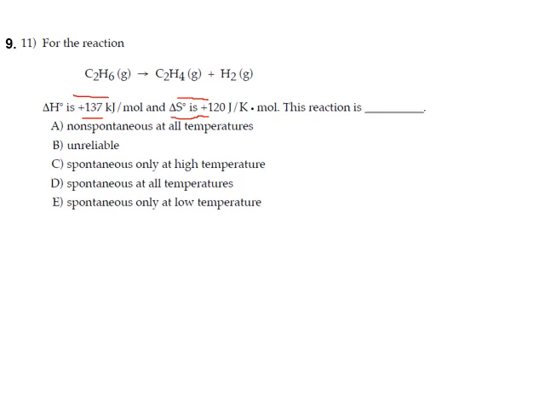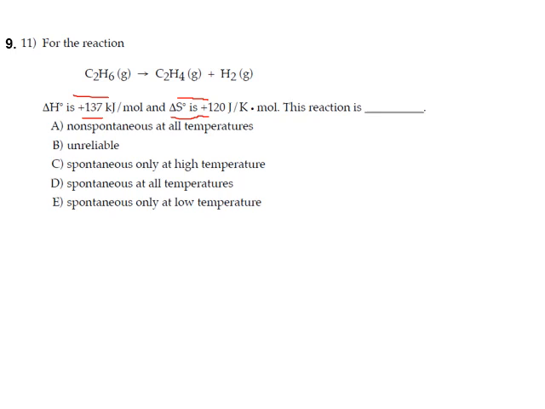So remember the formula is delta G equals delta H minus T delta S, where delta G is the thing that will actually predict spontaneity. So if delta G is negative, then it will be spontaneous. So we have two terms: delta H and T delta S. The only one of those terms that depends on T is the T delta S term. In this case, we want the T delta S term to be more important than the delta H term.